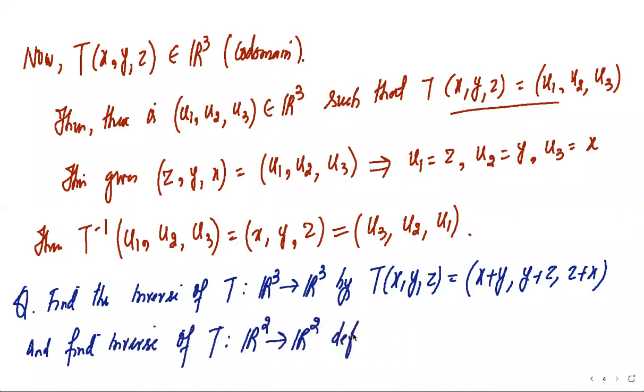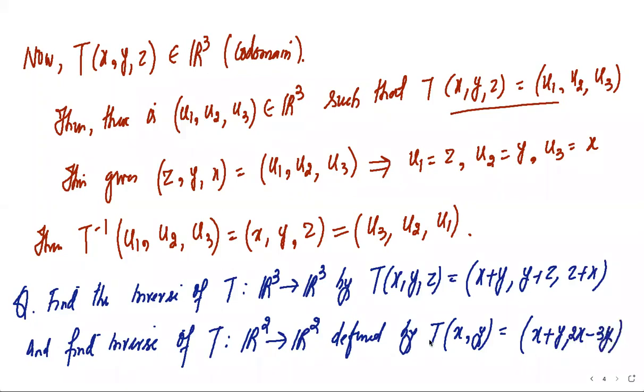Defined by T of X, Y is equal to X plus Y, 2X minus 3Y. तो इन दो में से कौन सा दिखाऊं मैं? मुझे लगता है सेकंड वाला, R square, ठीक है. तो वो फिर आप 3 वाला खुद ही करेंगे.